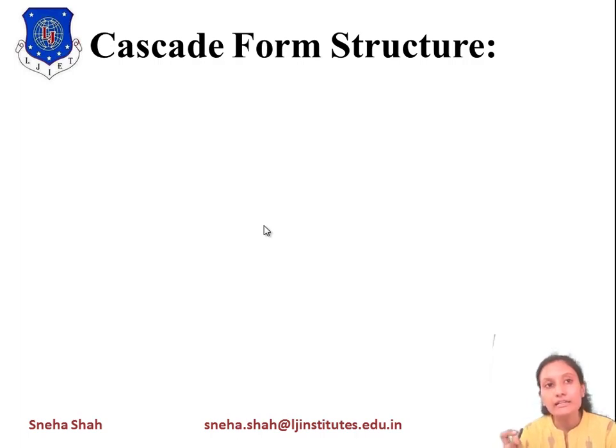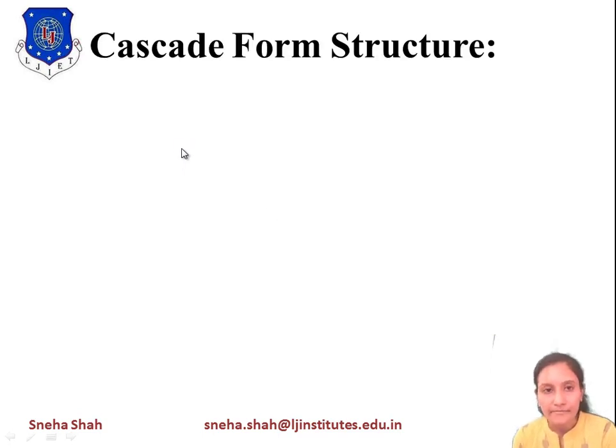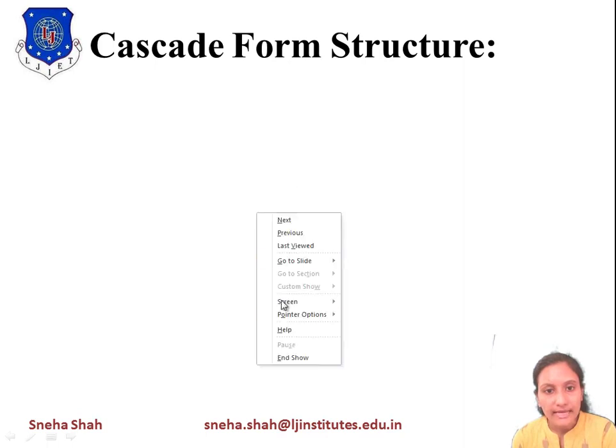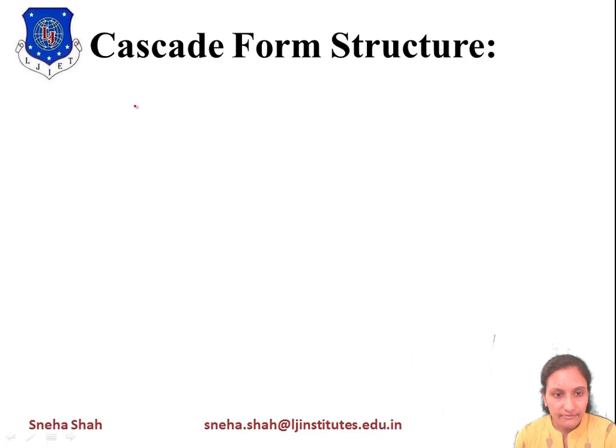Now we will use this direct form 2 structure to design the cascade form structure, and the next one is the parallel form structure. To design these two types of structure we will use the direct form 2 structure. Starting with the cascade form, we will define it using one example.